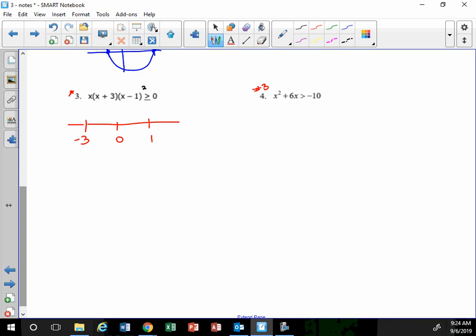The line keeps going; it's different if it went down.